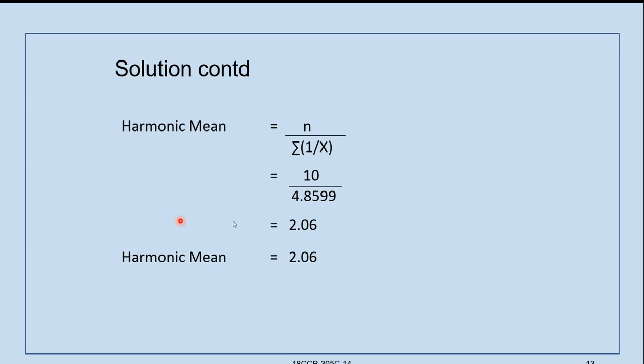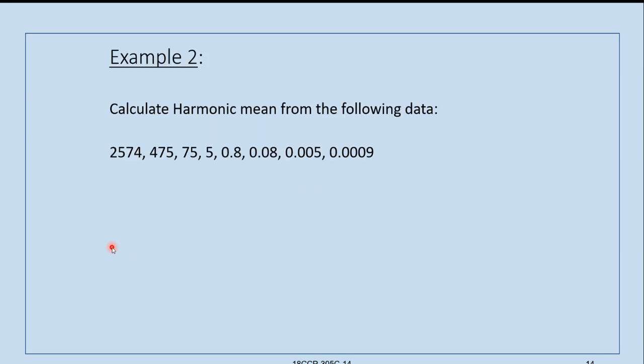So the harmonic mean is 2.06. So this is the procedure of calculating the harmonic mean in individual observations. We will see another example.